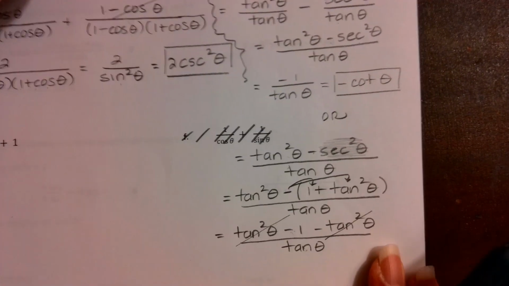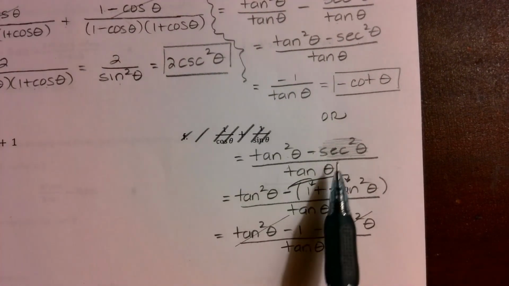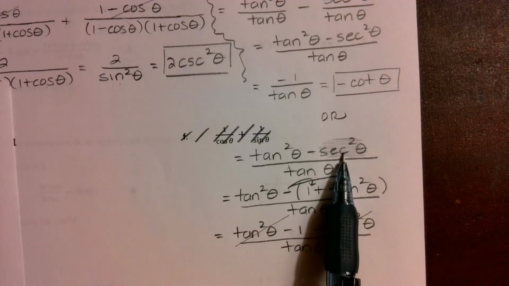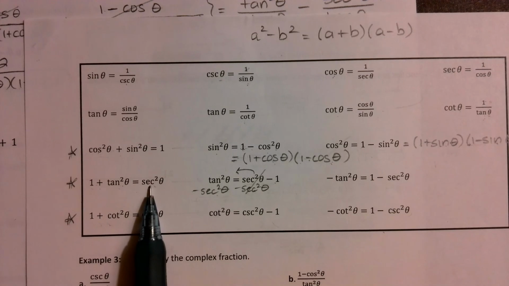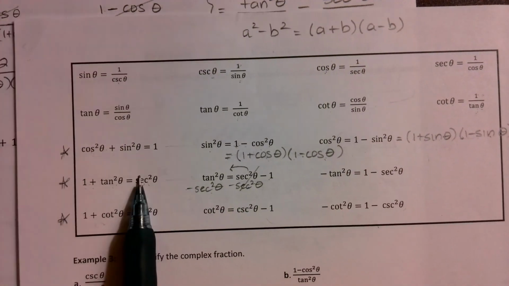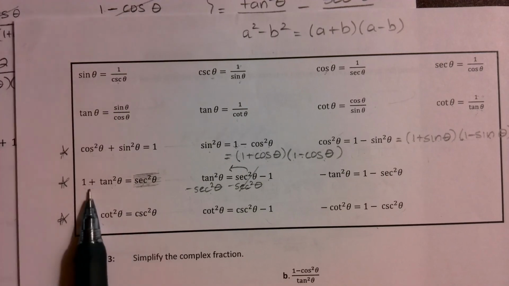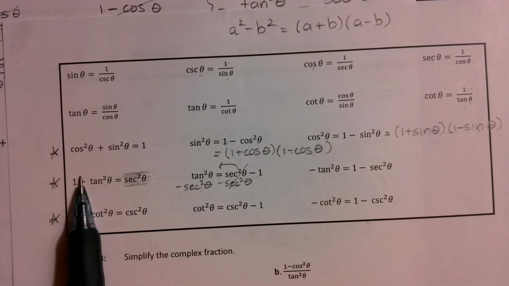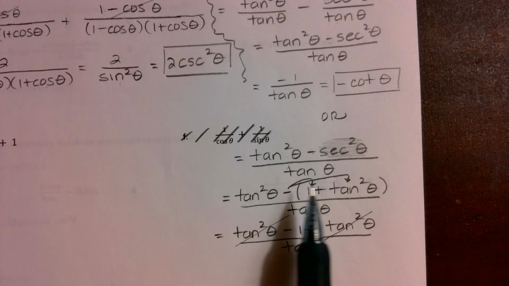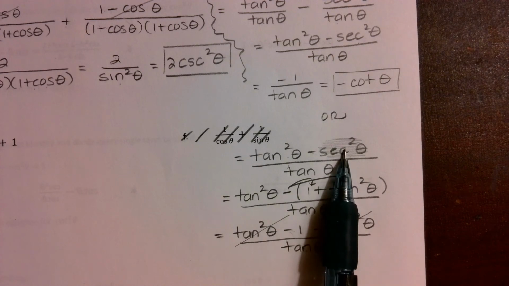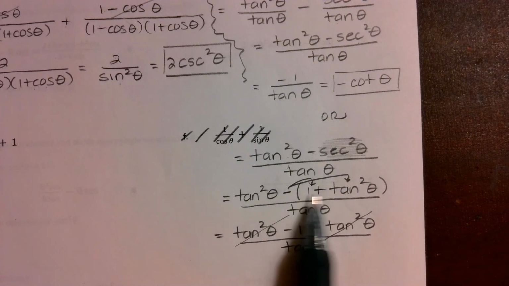All right, so what they did, let's review. This highlighted portion in pencil is what I'm replacing with this right here. I'm taking this highlighted portion, secant squared theta, and I'm substituting it with 1 plus tangent squared theta. So notice how I'm highlighting here and substituting it with its equivalent.